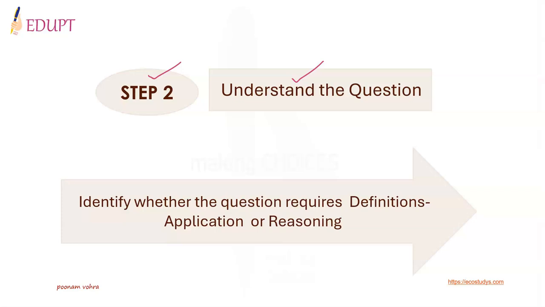Identify whether the question requires you to answer definitions of terms or concepts, or does it require linking the case to a theoretical concept, that is application, or does it require explaining relationships, causes, or outcomes, that is analysis or reasoning based question.